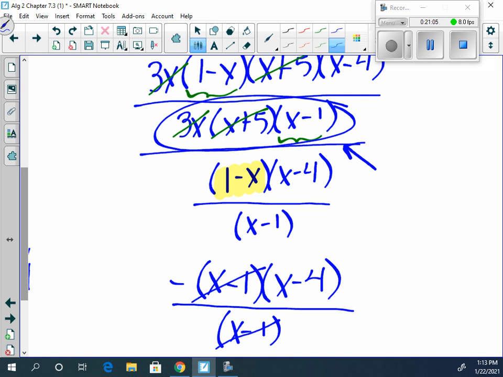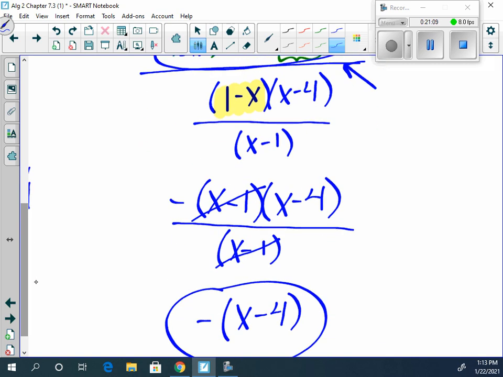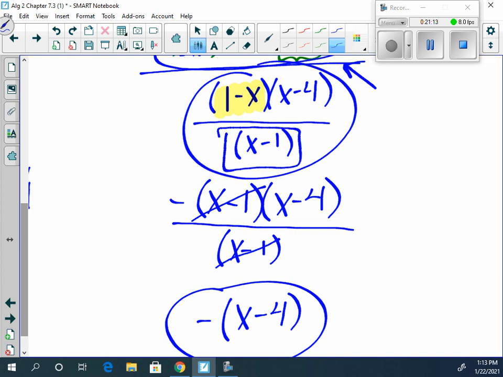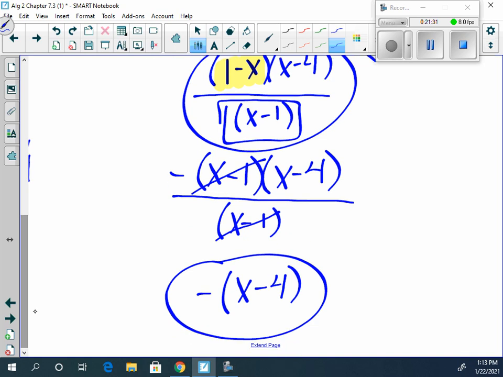Now, if one of them was left, if this here was our final answer, the x minus 1, I wouldn't have to list a restriction for it because it's still there. We can still see it. Questions on this here? It's pretty much they're saying, if it's there, I can still see it, we don't list its restriction. If it's not there, because our final answer doesn't have it, we have to list all of them.